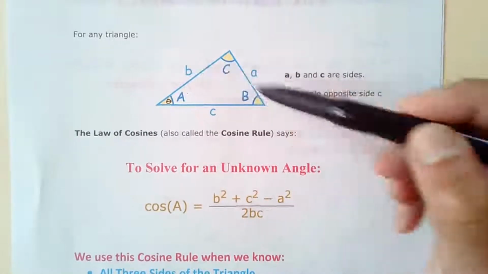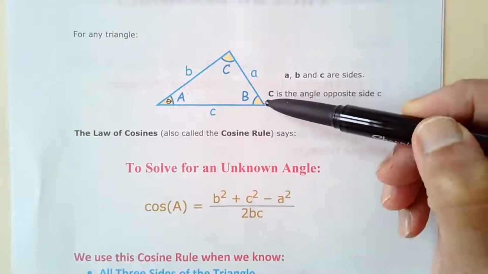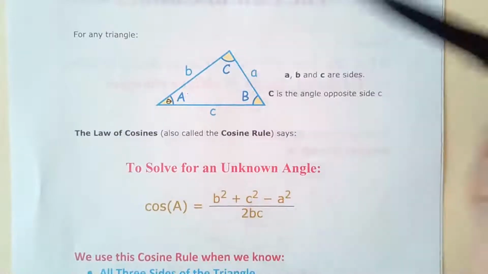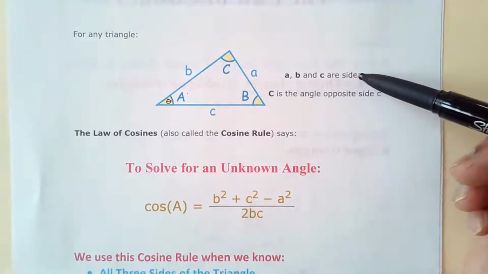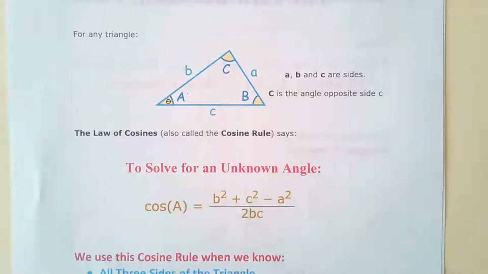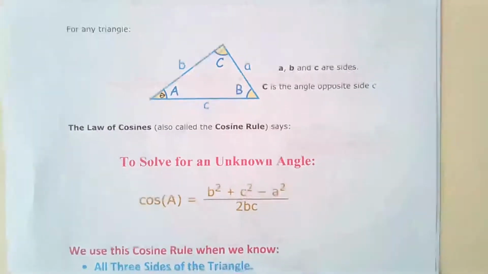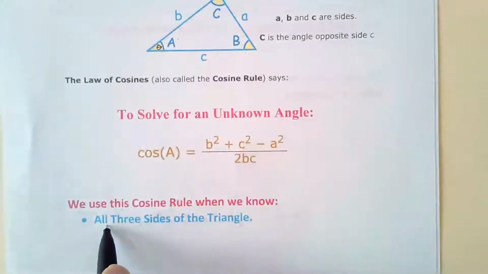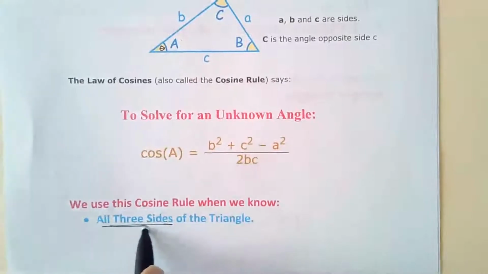Side b is opposite angle B, and side c is opposite angle C. So we use this rule when we know all three sides.